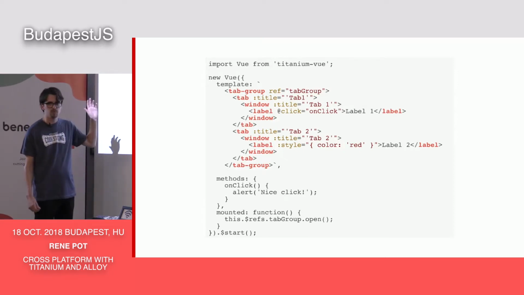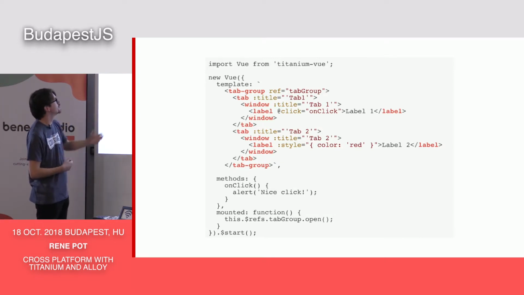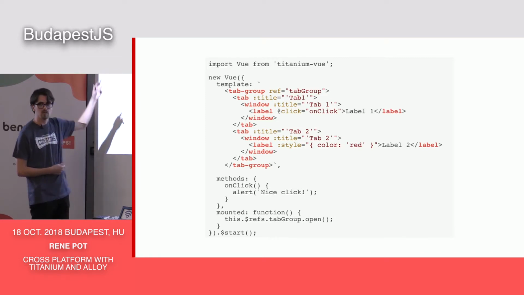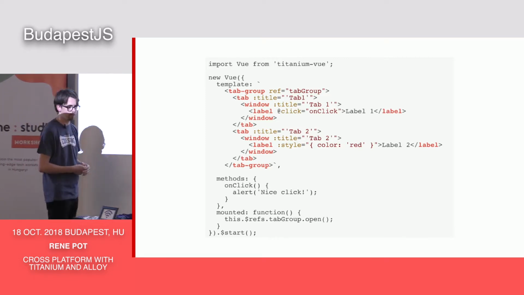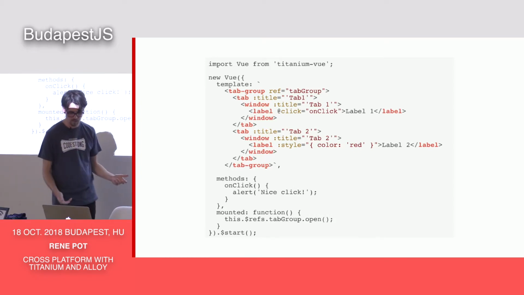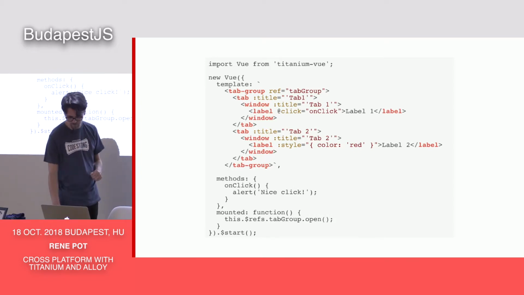It works like you know how it should work. There's a different rendering behind it, and of course the UI elements are different than on web. But this will compile to the same thing as when you have the same layout in Alloy. So if you're familiar with Vue, your website is in Vue, and you want to share business logic or whatever, then you can use that.